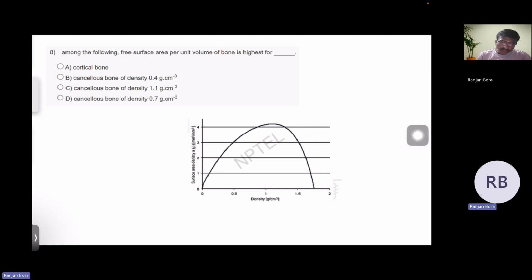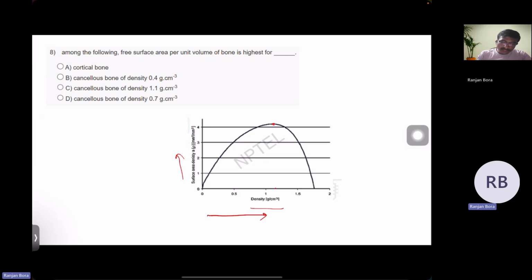Surface area density means surface area per unit volume, and this is the mass density, gram per centimeter cube. As the density increases, the surface area density also increases. Then at a density value of around 1.1, it attains the maximum.